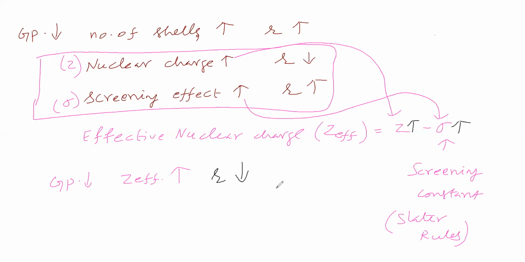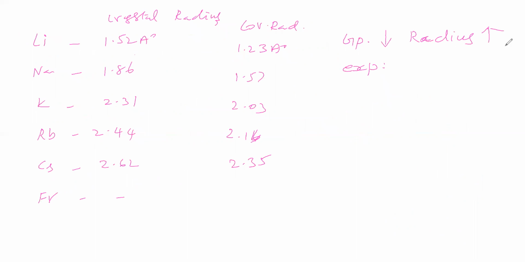It is the explanation: using effective nuclear charge, we can say the radius decreases like this. Using number of shells, we can say it like this. Now, what is the experiment? The experimental fact says down the group radius increases. To explain this experimental fact, what is the suitable reasoning?